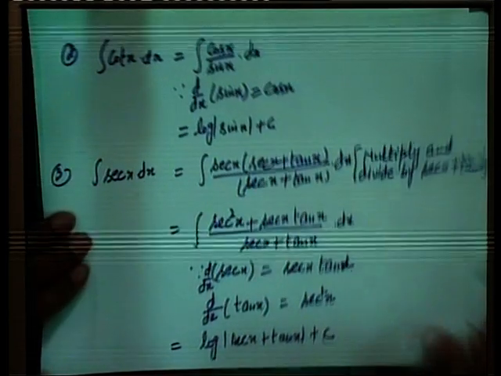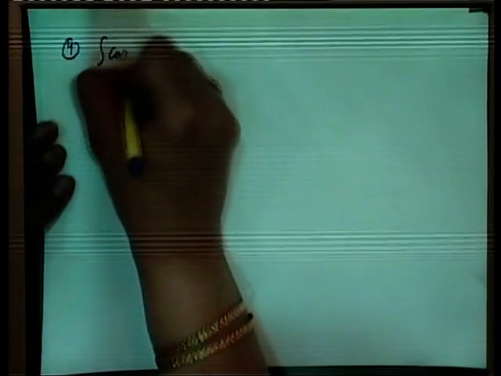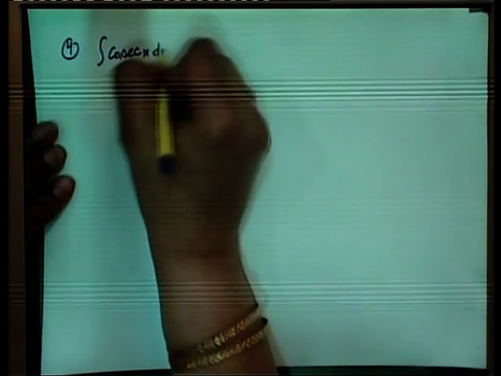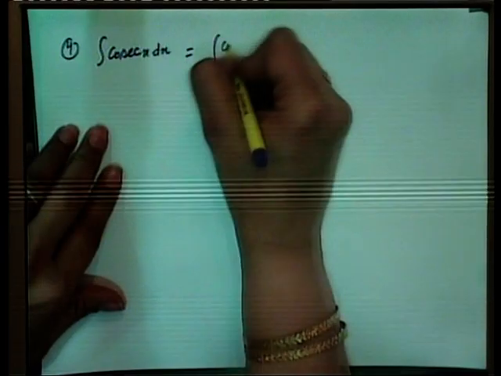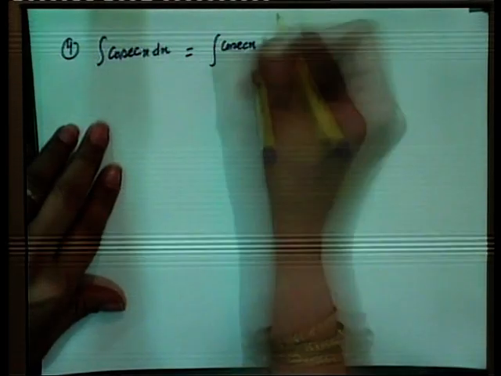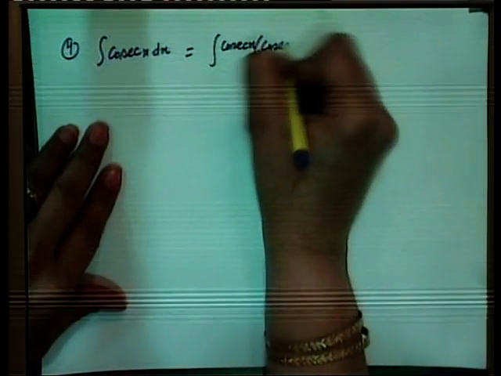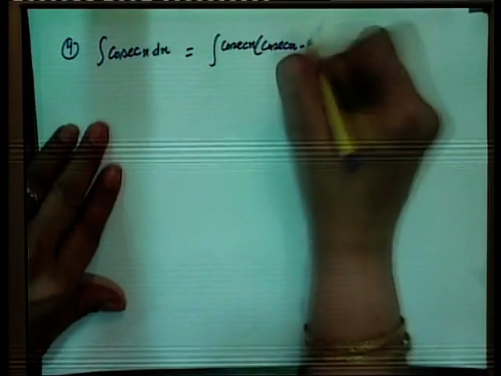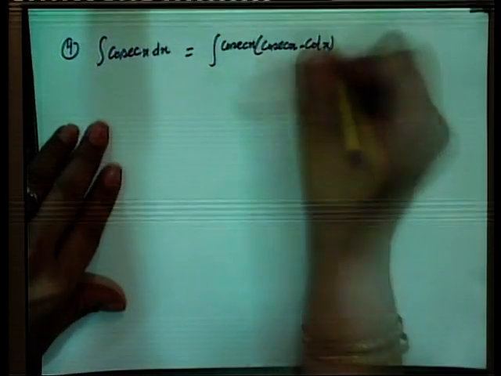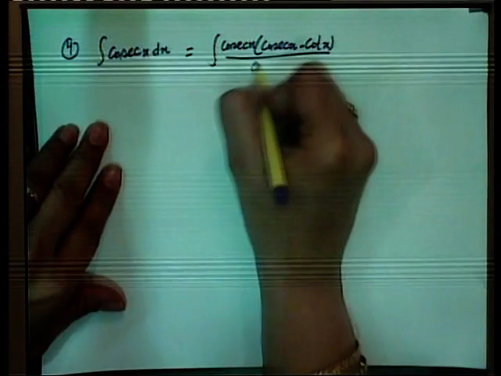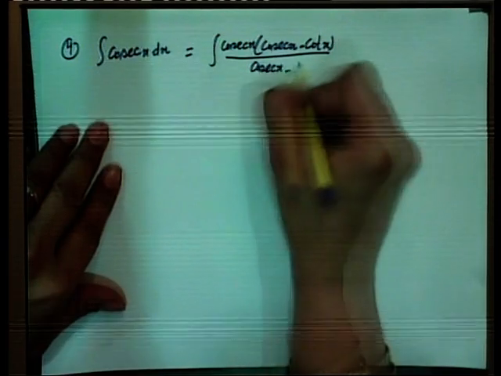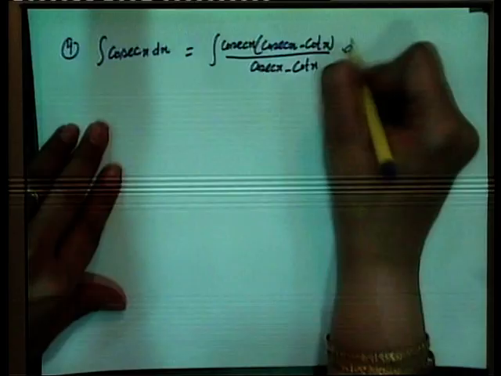Fourth result is the integral of cosecant x. In this we multiply and divide cosecant x by the factor cosecant x minus cotangent x over cosecant x minus cotangent x into dx.